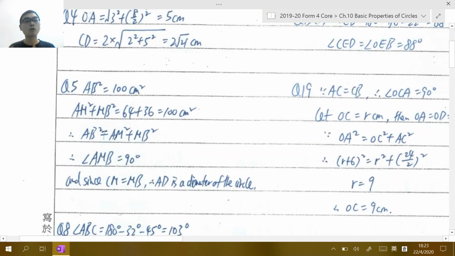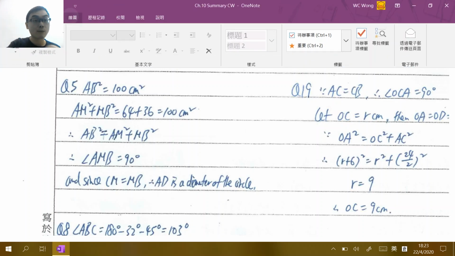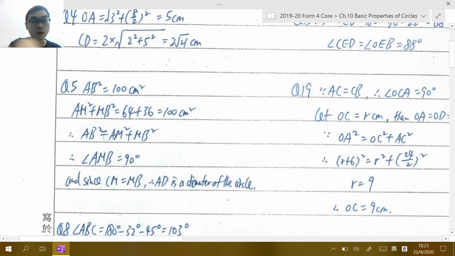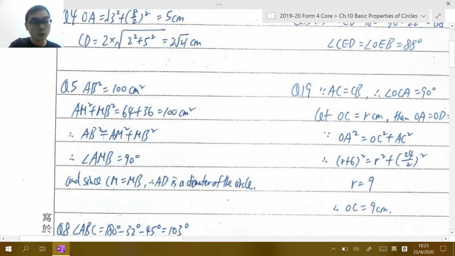So what I want to show is perpendicular and bisect. So what I want to present in our step is, for example here in question 5, I want to use the converse of the theorem to show perpendicular.